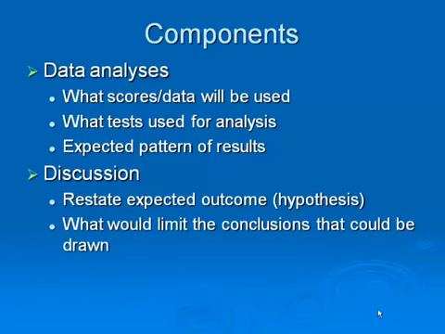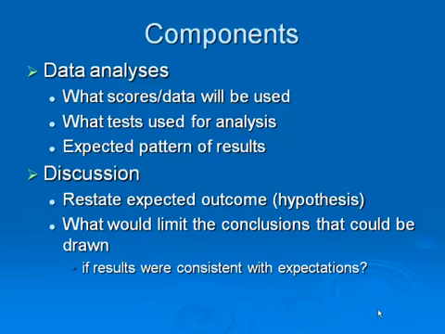Once you do that, it doesn't take long, you address what would limit the conclusions that could be drawn. So if I went out and conducted the study and I got some results back, I'm gonna draw some conclusions, right? And either the results will be consistent with my expectations, my hypothesis is supported. So if I'm looking at kind of an experiment, I say, okay, there is an effect of A on B. I could be wrong because blah blah.